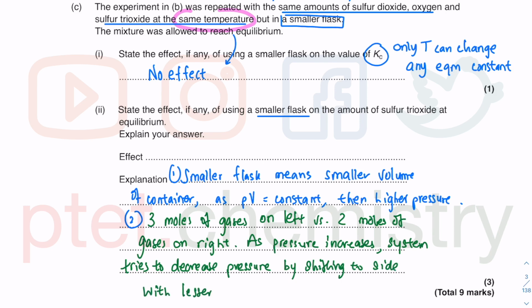In this case, it will shift to the right-hand side, and therefore what is the effect on the amount of sulfur trioxide? Sulfur trioxide is the product, on the right-hand side. As you favor the forward reaction, with fewer gases on the right-hand side, you will get a higher yield of your SO3 product there. And that's it for 3 marks, and that's it overall for that 9 marks question.